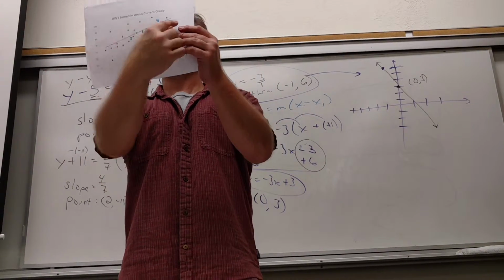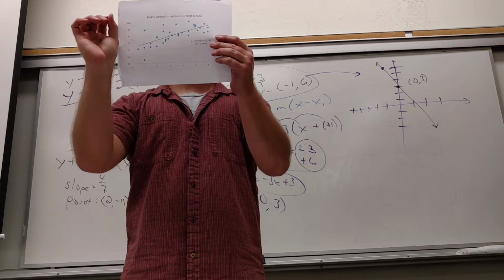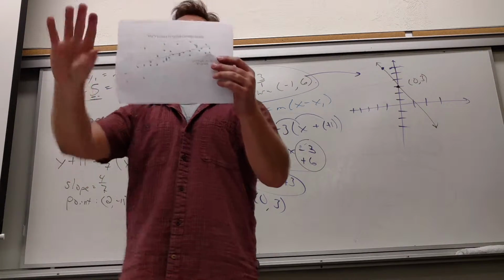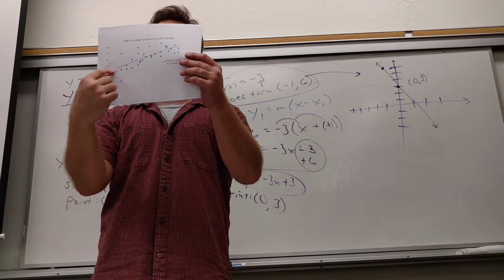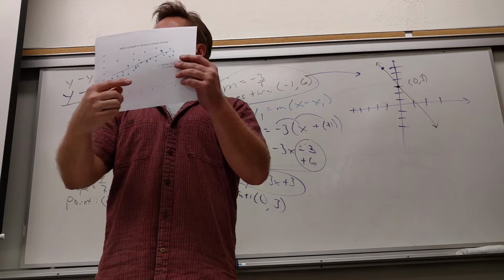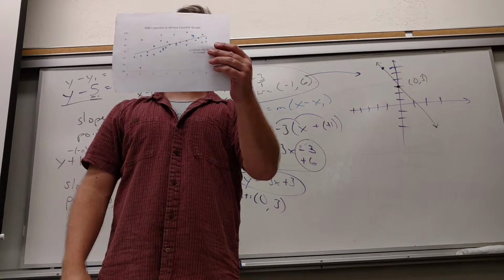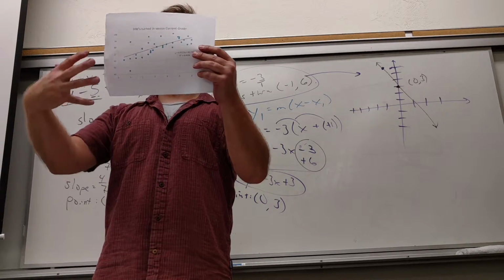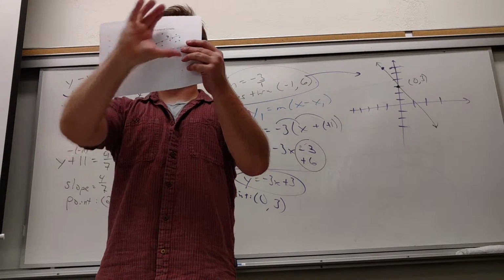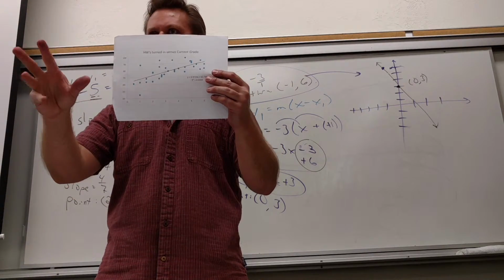Would you say that that line is an exact model of the data or an approximate model of the data? Does it go through all the points? Could any straight line go through all those points? No! You'd have to make it really fat, but you can't make a big fat line. No, this doesn't work. You with me?